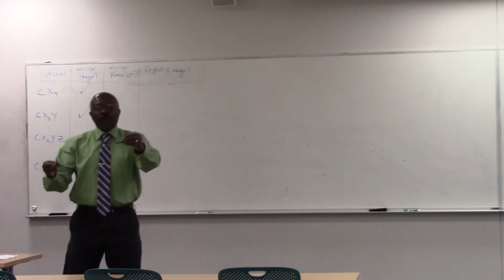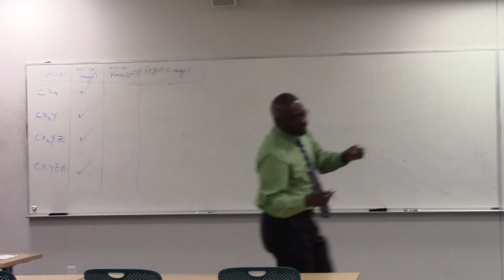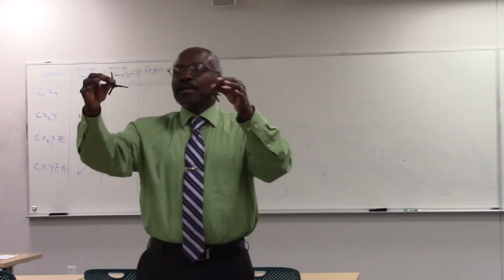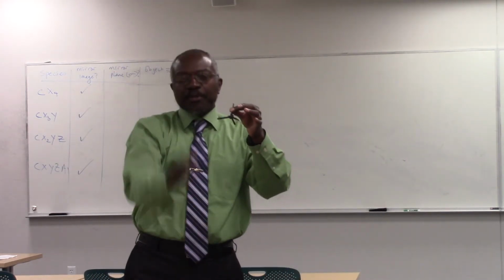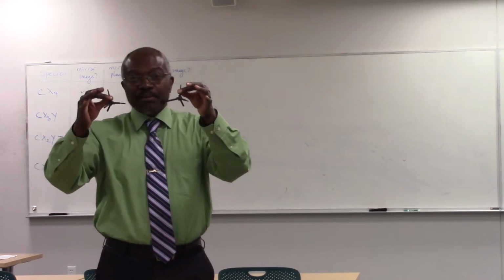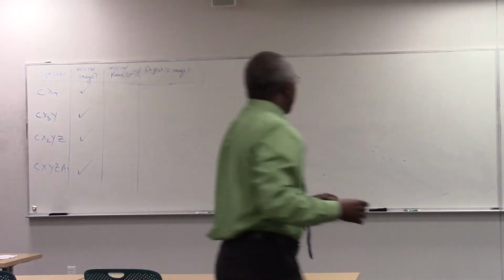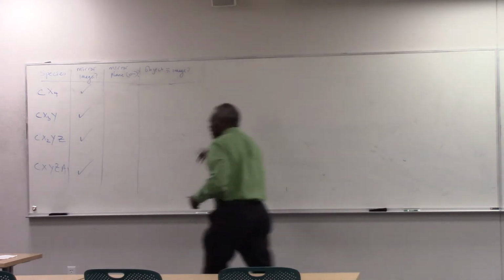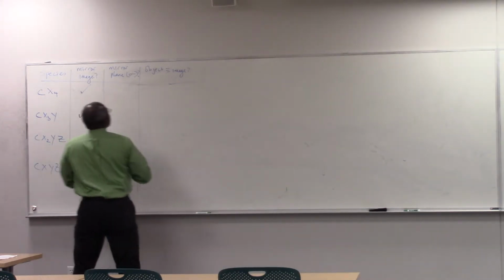So here's one molecule, and I'll walk down here. Here's my molecule. Here is the imaginary mirror, and this is the image behind the mirror. Oh, there's a column missing here.